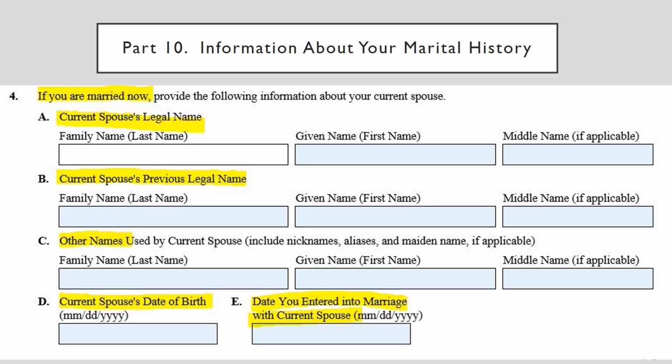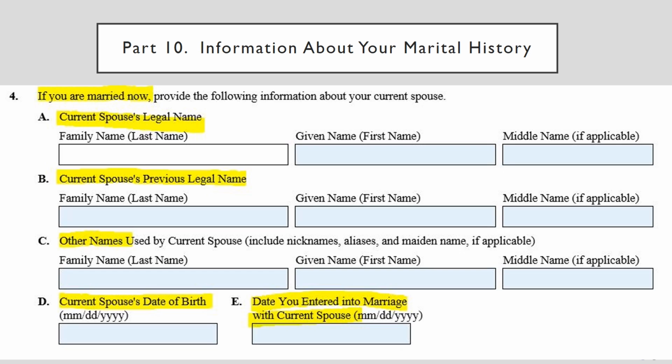If you are married now, provide the following information about your current spouse. A. Current spouse's legal name. B. Current spouse's previous legal name.